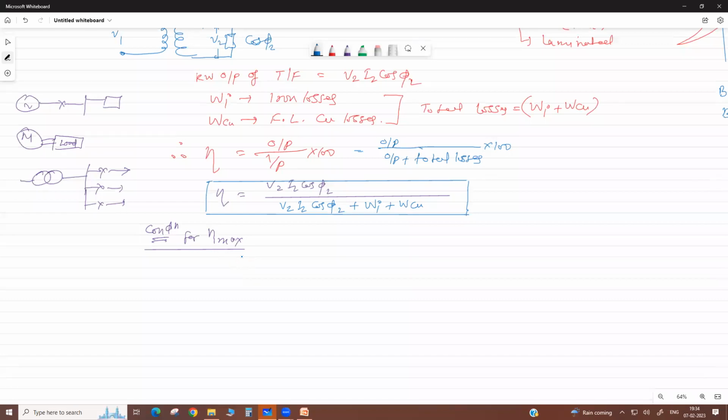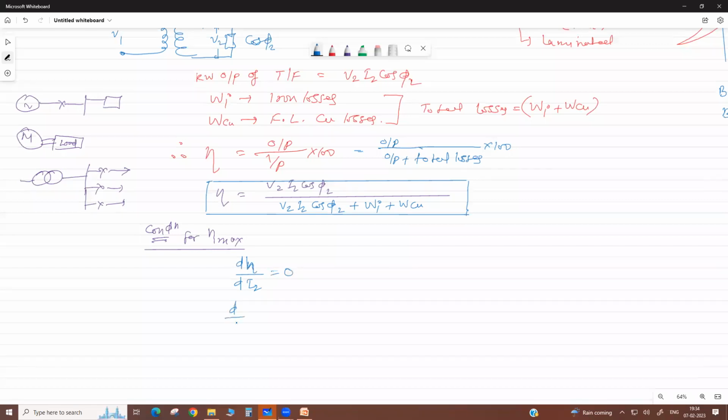So if we differentiate, power factor and terminal voltage will be fixed. Only this current, the load, varies. So we differentiate this efficiency with respect to the secondary load current and set it equal to 0.